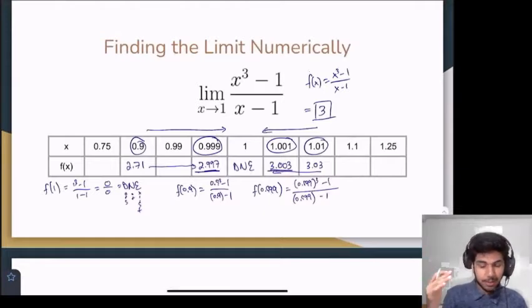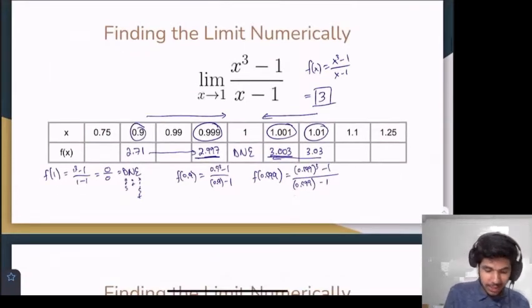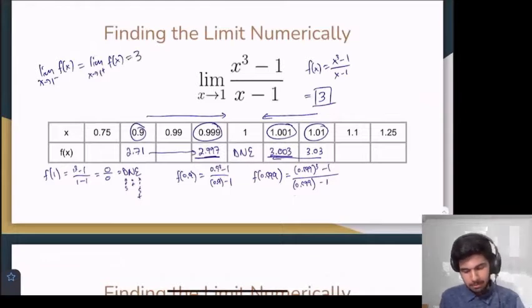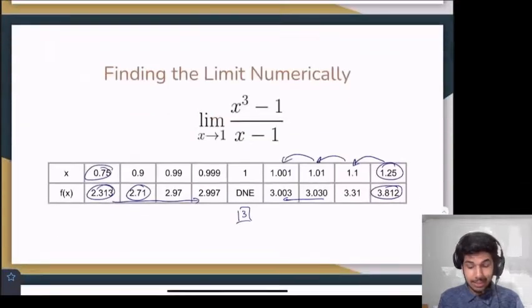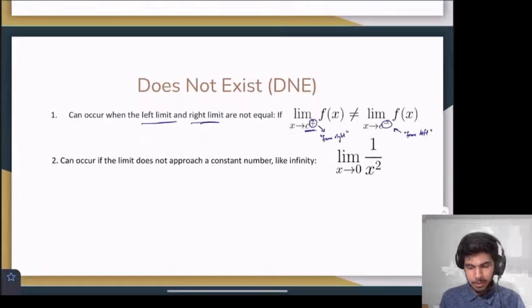As we came from the right down to 1, that also evaluated to 3. So in this case, we had the limit as x approaches 1 minus of f of x equals the limit as x approaches 1 plus of f of x. And that equals 3. Both were pointing to the answer being 3. So in that case, the limit did exist. But if they're not equal, then the limit does not exist.